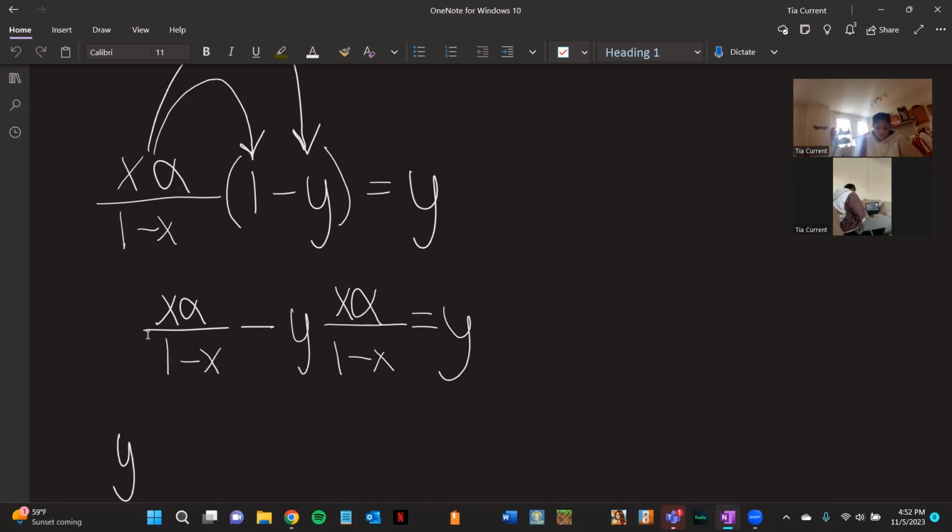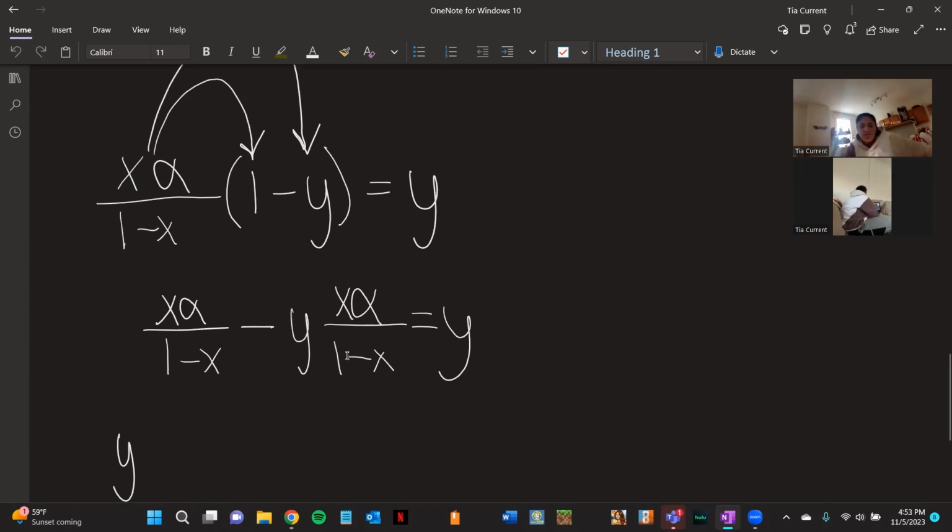So y is equal to 1 plus x alpha 1 minus x, which is equal to x alpha 1 minus x.